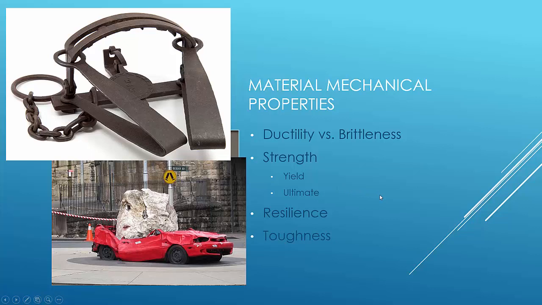Toughness is a material's ability to withstand and absorb energy. Hardness is its ability to withstand indentation, and there are many others that are very important when one is considering the design of a mechanical system.